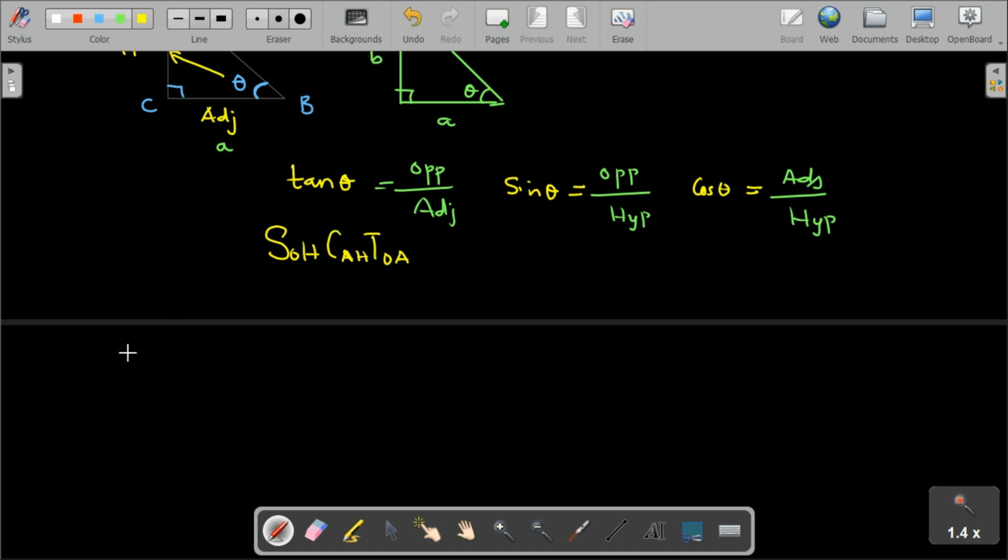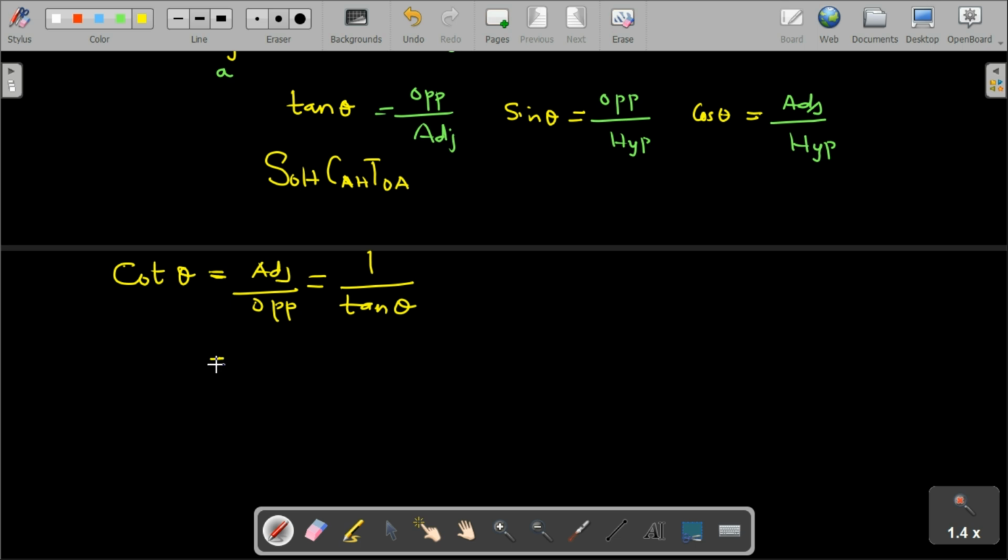If we invert the tangent we get what we call the cotangent. So cotangent of theta is nothing but the reverse, that is adjacent over opposite, which is the same as saying the inverse of tan theta.